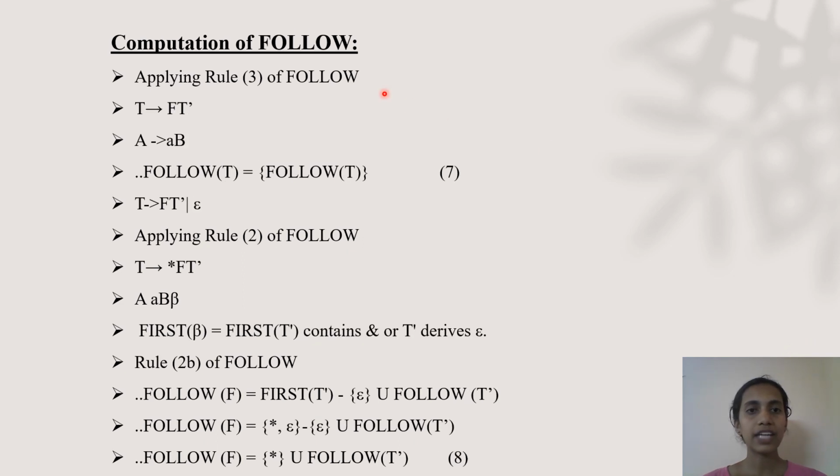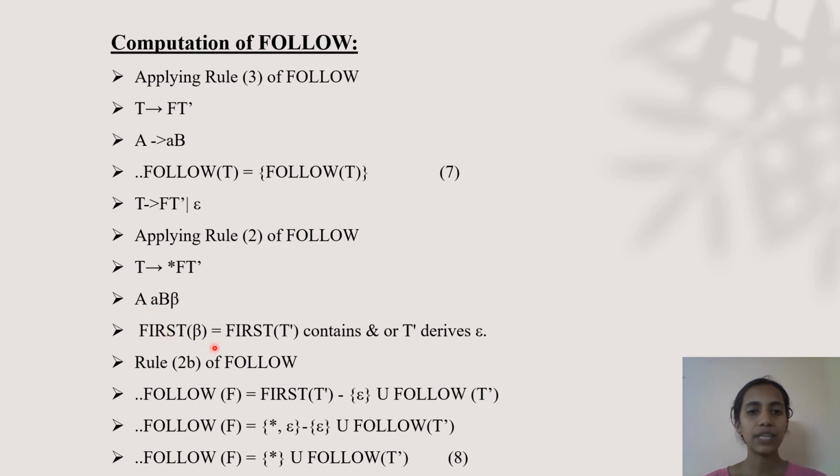Then coming to the next step, applying rule 3 of follow, we will get T tends to F T dash and A tends to alpha B. Therefore, follow of T is equals to follow of T, which is the seventh step. Then coming to T dash tends to star F T dash plus epsilon, applying the second rule of follow, we will get T dash tends to star F T dash and A tends to alpha B beta.